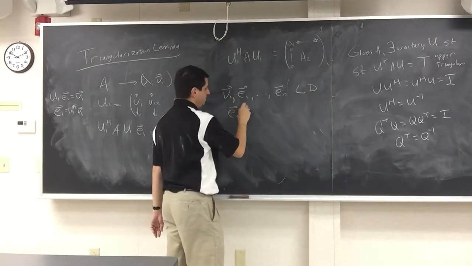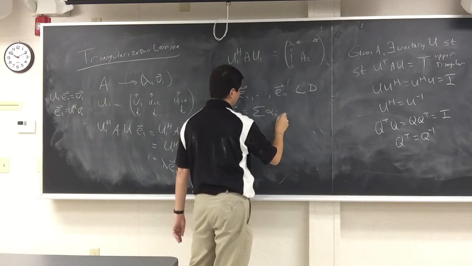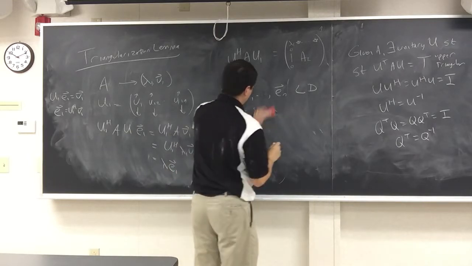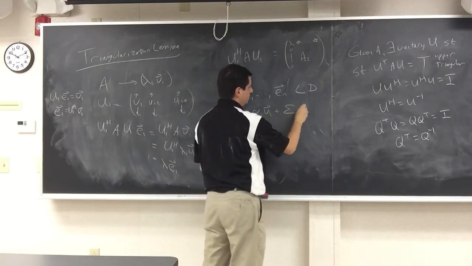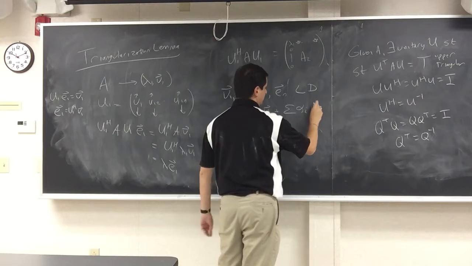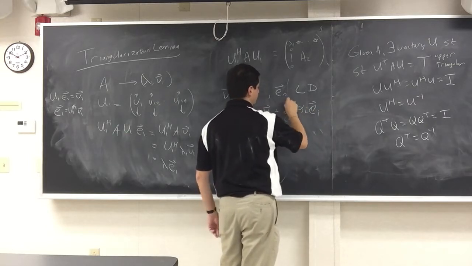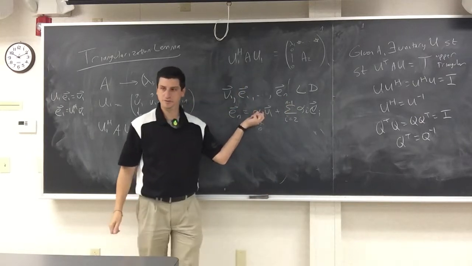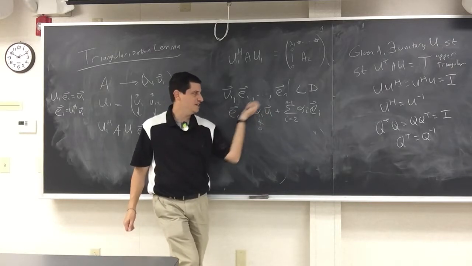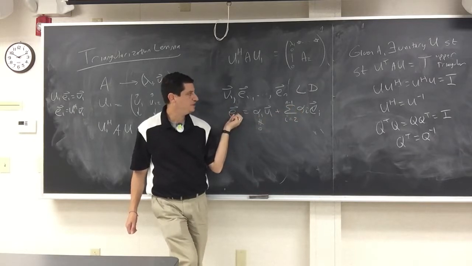We can write En as alpha 1 V1 plus the sum of alpha i Ei, where i goes from 2 to n minus 1. And I know alpha 1 is not 0, because if alpha 1 was 0, I'd be writing En in terms of the other e's, which I know can't happen. So I don't need En.